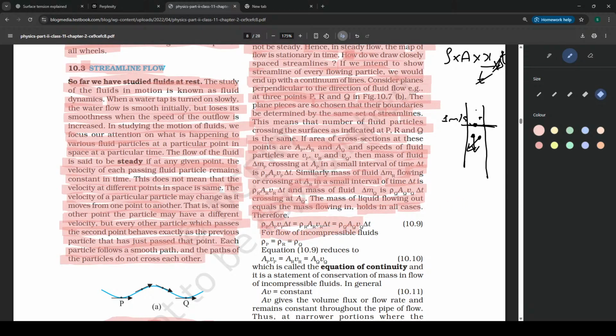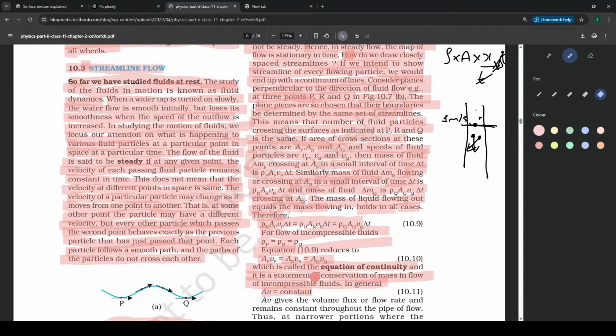For flow of incompressible fluids, density will be the same and the equation will reduce. Since time is the same, we will get AP Vp equals AR VR equals AQ VQ, where A times V, area times velocity, equals constant, which is called the equation of continuity, and it is a statement of conservation of mass in flow of incompressible fluids. In general, AV equals constant.